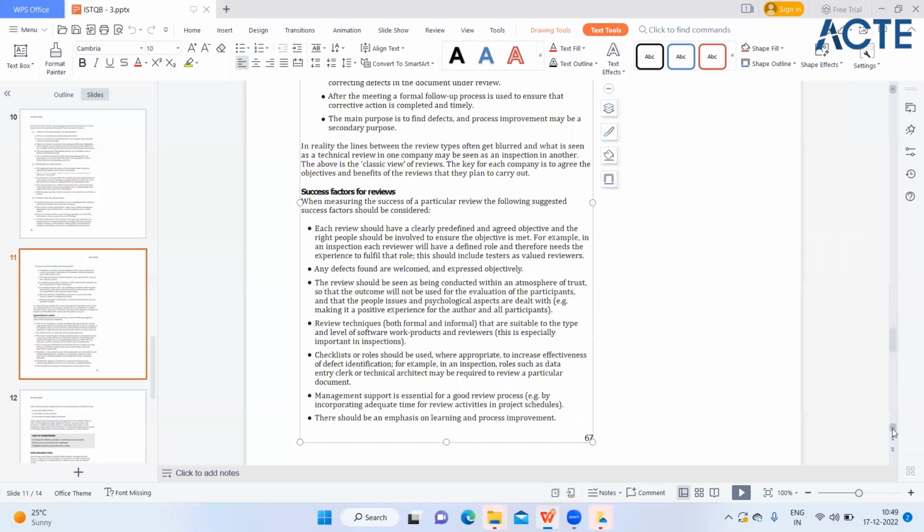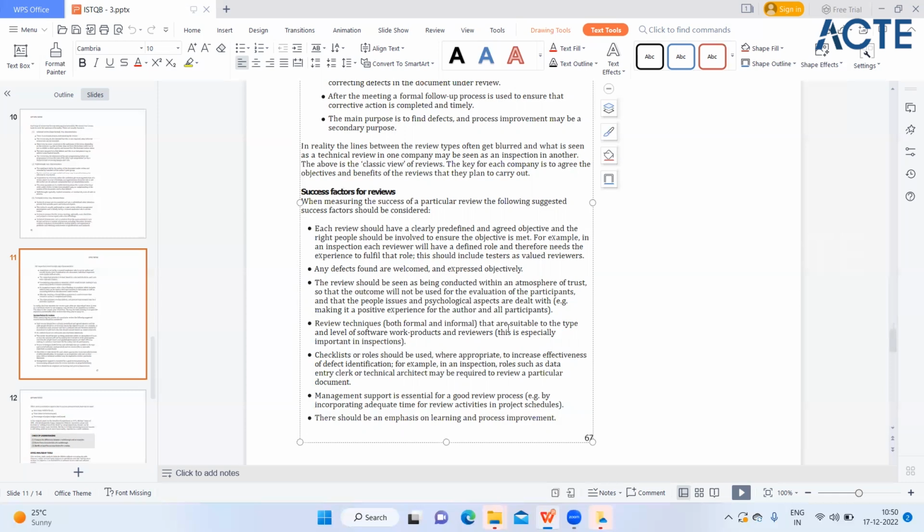Now these are the success factors. This is a kind of summary of whatever we have learned. So they are just providing what the success factors should be. Each review should have a clearly predefined and agreed objective, and the right people should be involved to ensure the objective is met. I will explain it in my own words.